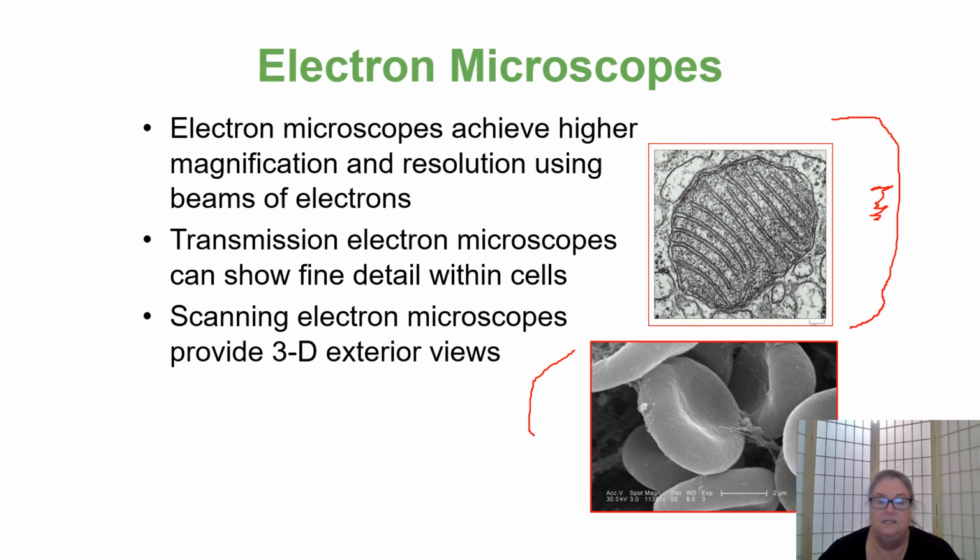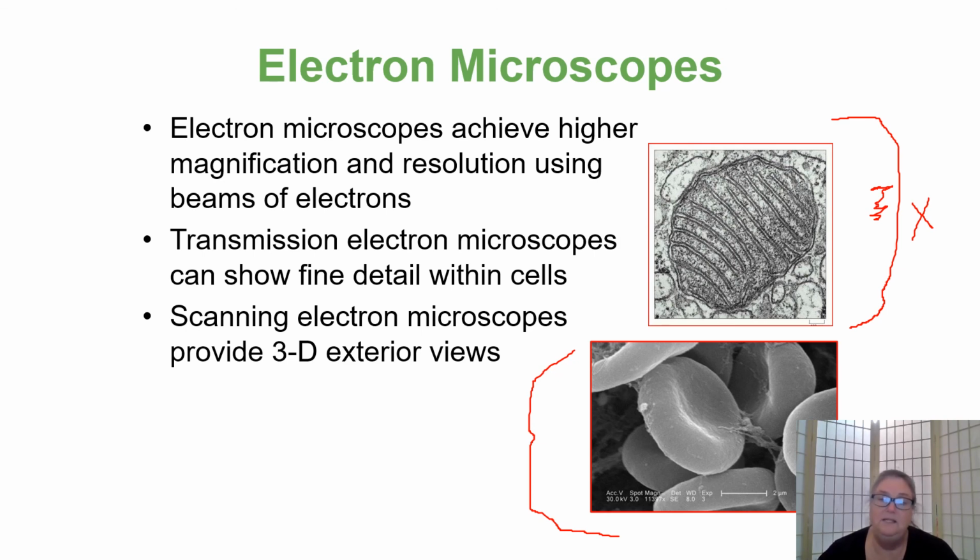This is scanning electron microscopy of red blood cells, where we're getting a view of the surface. So this is a much higher magnification. It's giving us excellent resolution. This scanning electron micrograph is also giving us excellent resolution, and I'll just tell you now, that little dimple is on both sides of the red blood cell.